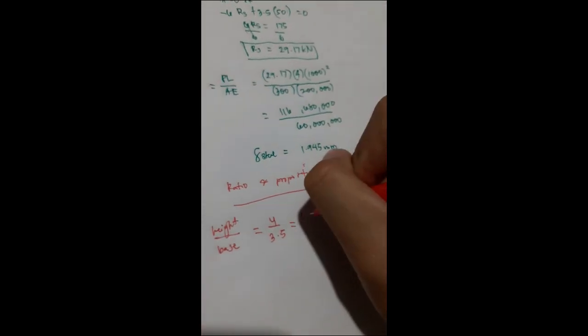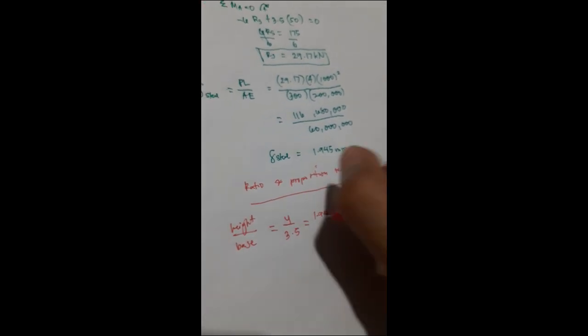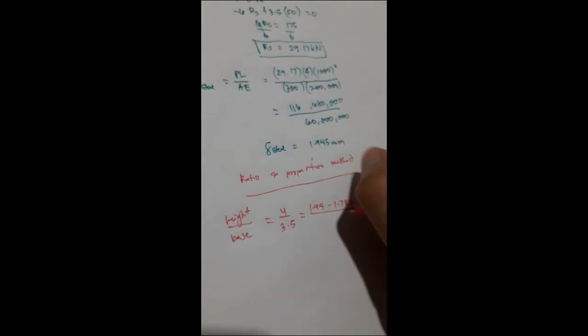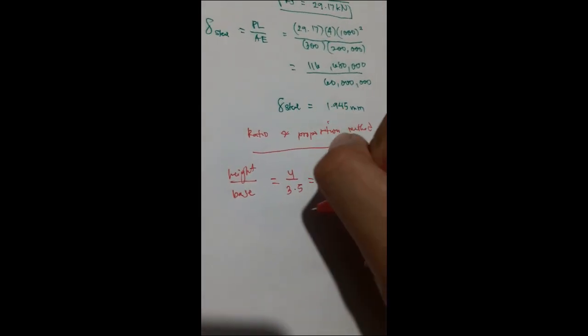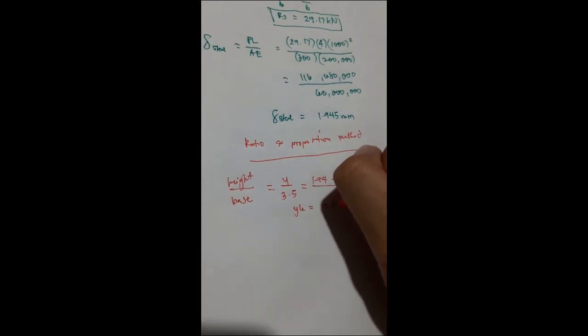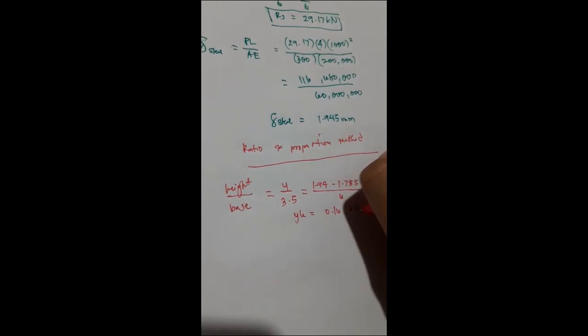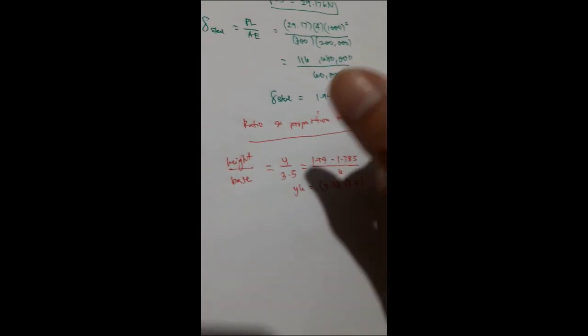So y over 3.5 equals 1.945 minus 1.785 over 6. Cross multiplying, we have 6y equals 0.56.